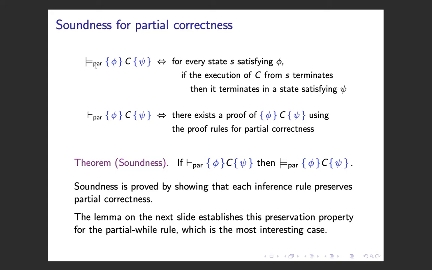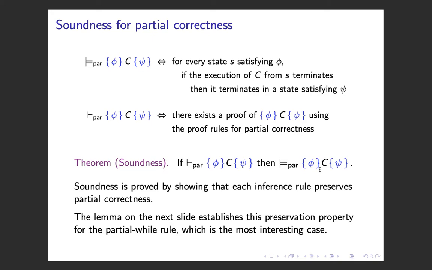Okay, so this is the partial correctness assertion is true, the Hoare triple is true, and this is the partial correctness assertion is provable. And soundness, as usual, is that if a Hoare triple is provable, then it is true.